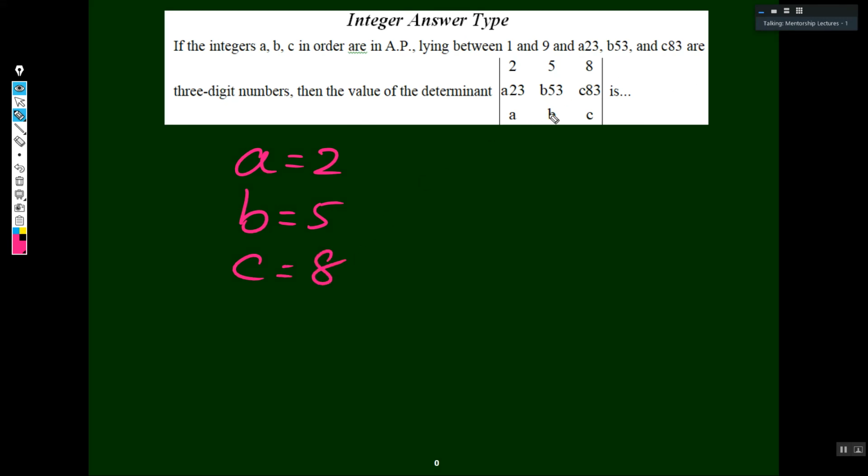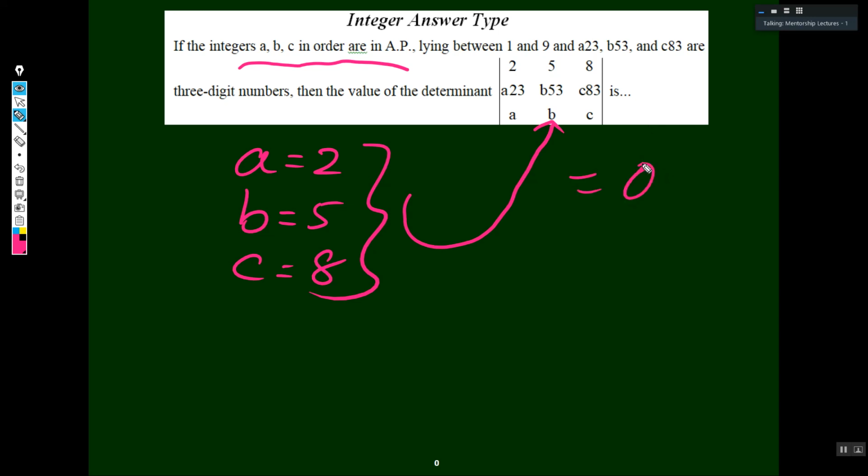Can we take it or not? Yes, you can. Because A, B, C in order are in AP. So, we have taken them as 2, 5, 8. It should be true for this also. Replace the third column with 2, 5, 8, and thereby 2 rows are equal, and the answer is 0. That's it. I hope you understand what I'm saying. Respond, please. Yes, sir.